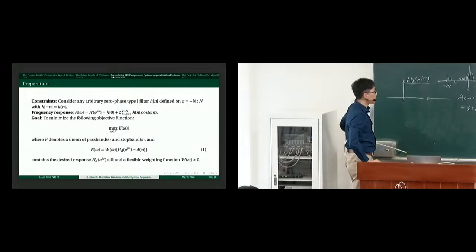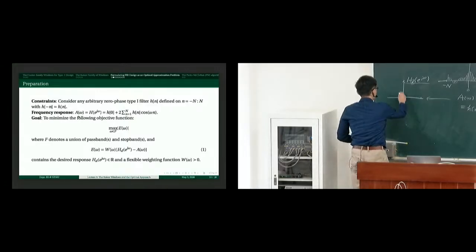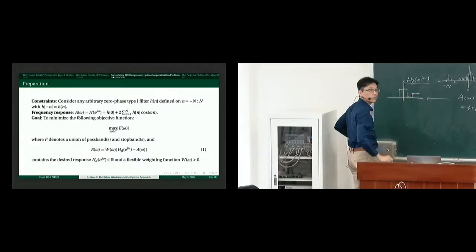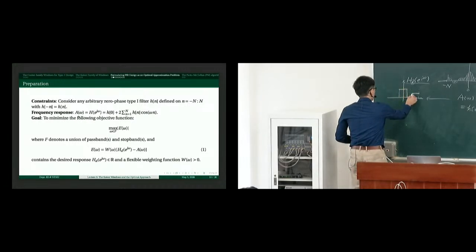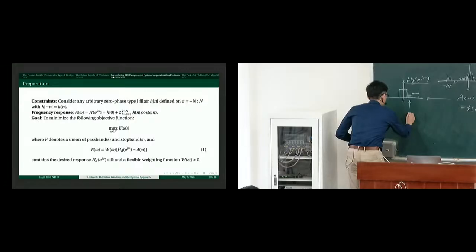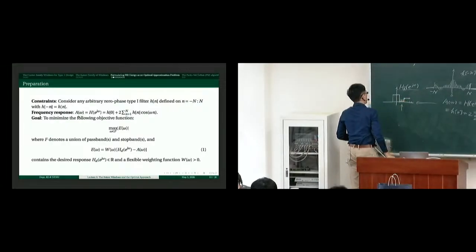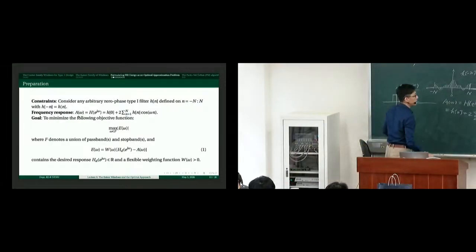Let's say your desired response consists of two pass bands and a reject band, something fancy like that. If your desired response has 2 separate pass bands, a low pass band and a high pass band, for example, now you have more flexibility. This is your desired response. In here you have a transition band. Anyway, if your desired response is like that, and now.